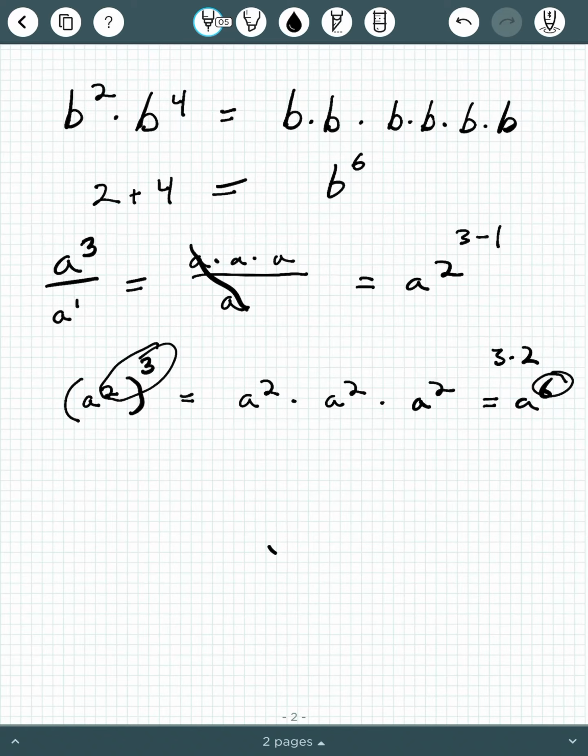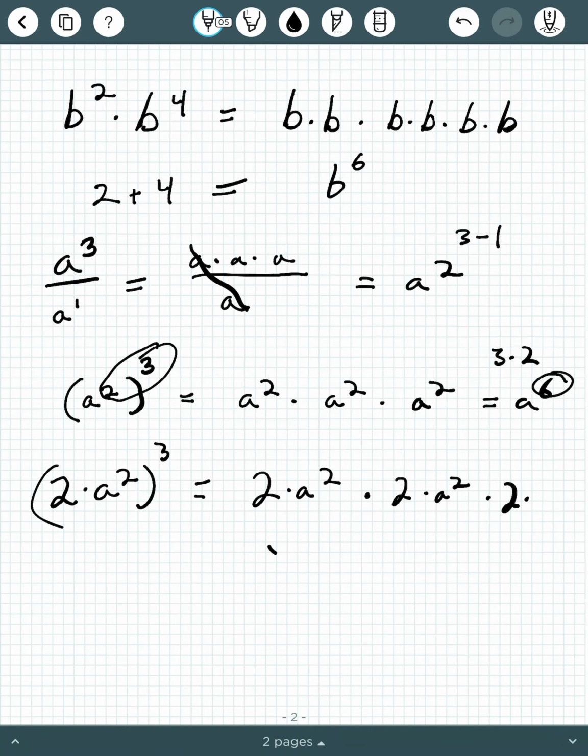Things get a little more tricky once we start adding numbers as well. So if we have something like 2 times a squared all to the third power, well, it turns out that not only is that third power going to be on a squared, but it also happens with a 2, because this is the same as 2 times a squared multiplied by 2 times a squared multiplied by 2 times a squared.